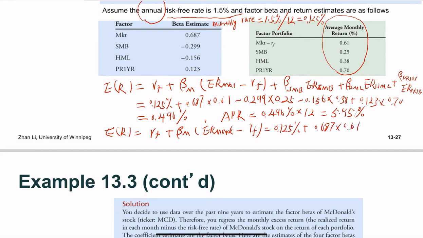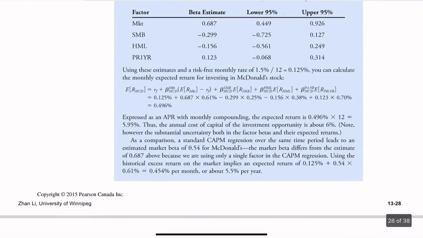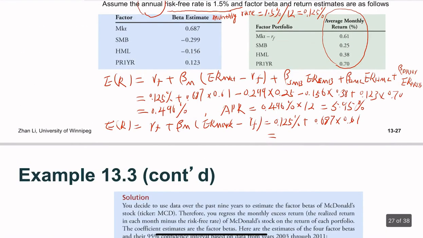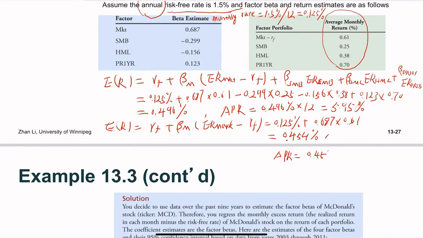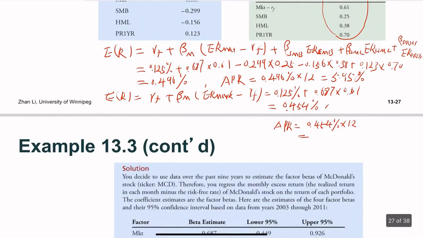We just plug in these numbers, which gives us 0.454 percent. This implies an APR of 5.5.